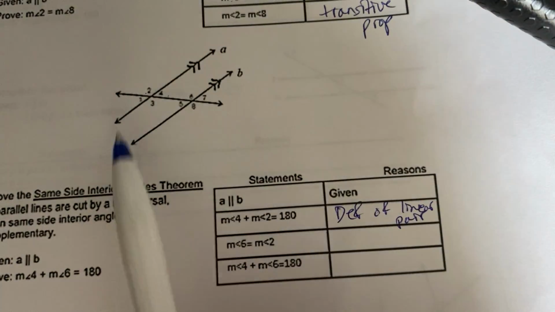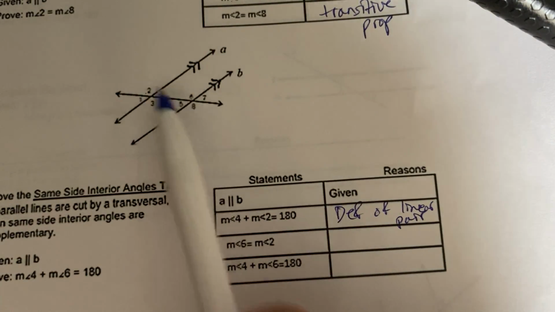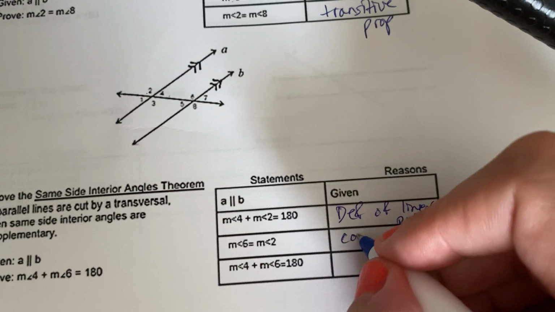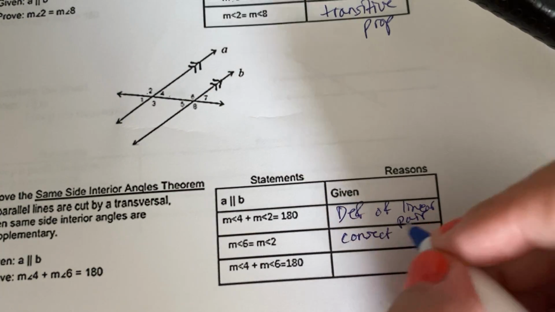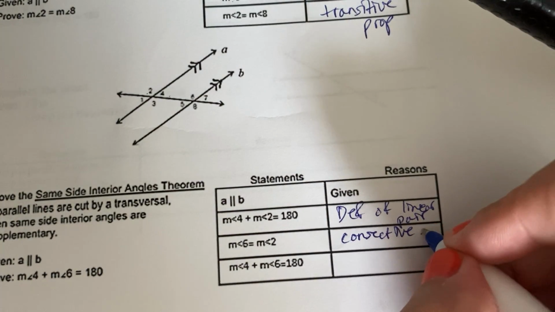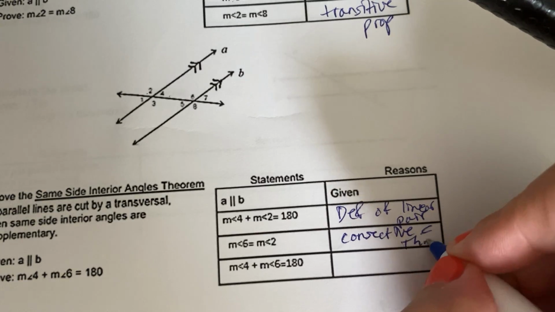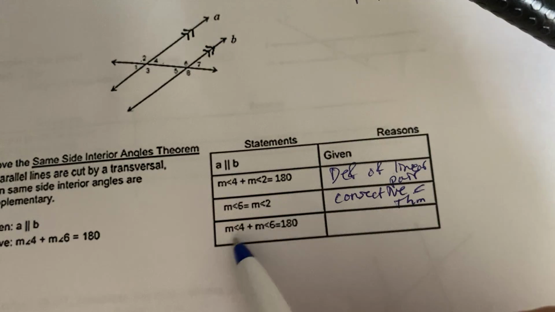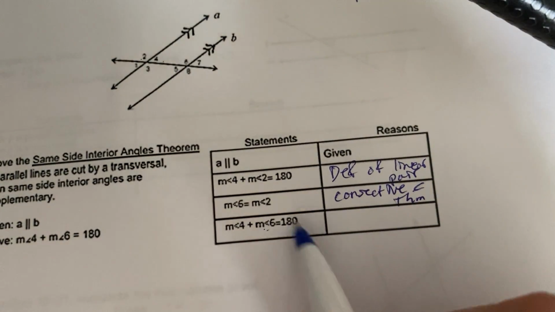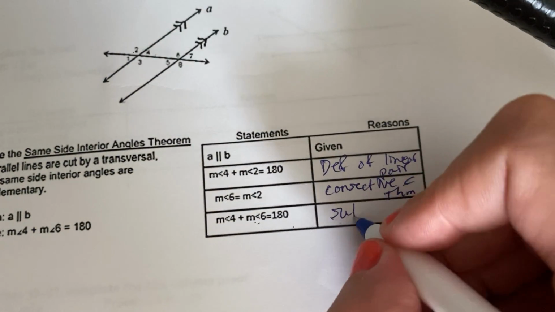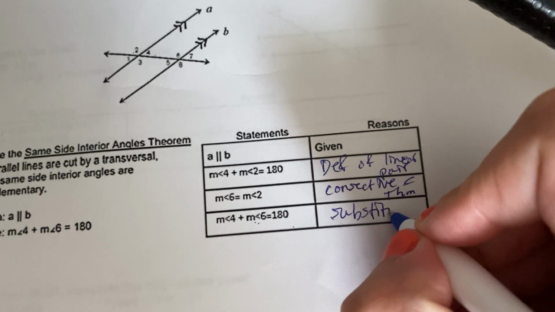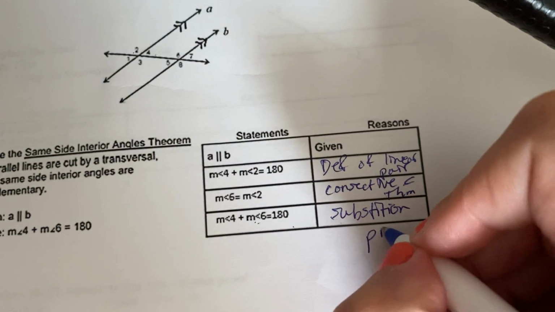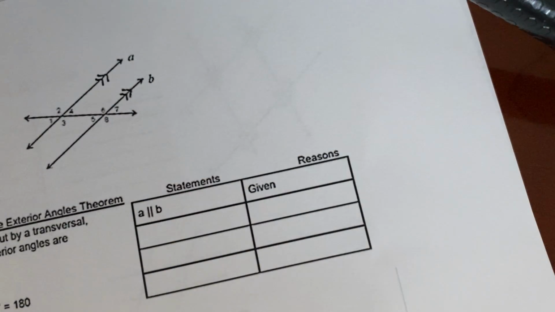I know 2 and 6 are congruent because of the consecutive angle theorem. And then I know 4 plus 6 is equal to 180 because of the substitution property. And we're done. All right, let's do another one.